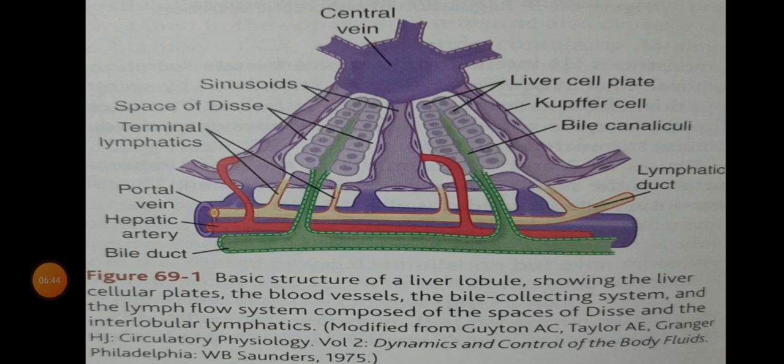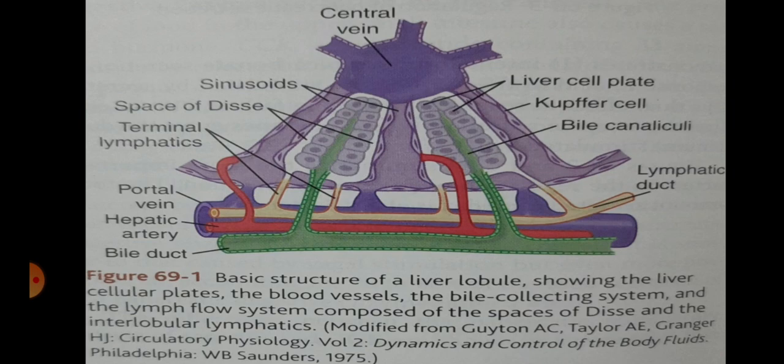The large Kupffer cells, also called reticuloendothelial cells of the liver, are resident macrophages that line the sinusoids and are capable of phagocytizing bacteria and other foreign material in the hepatic sinus blood.